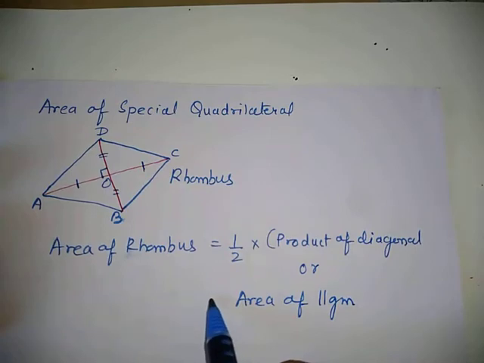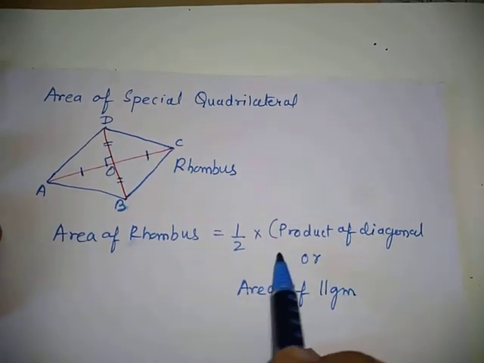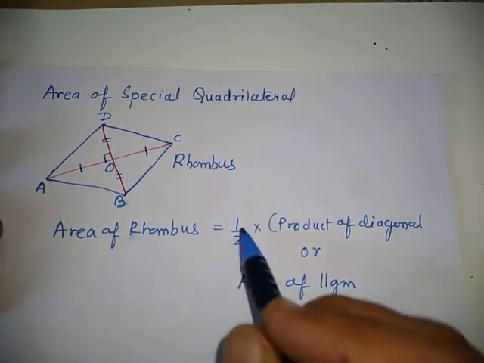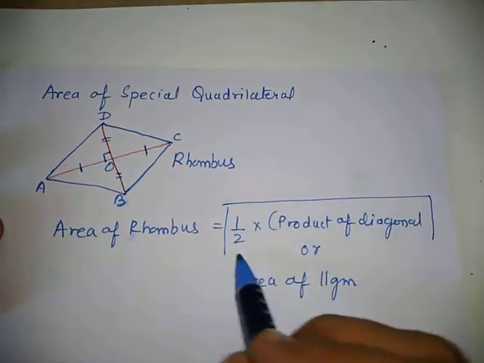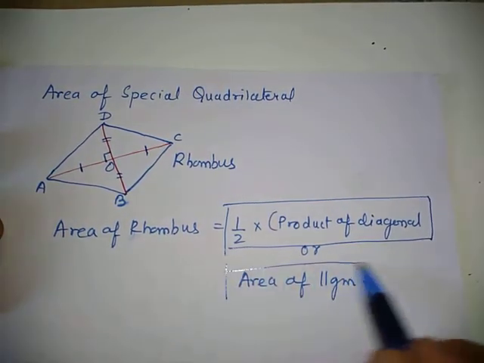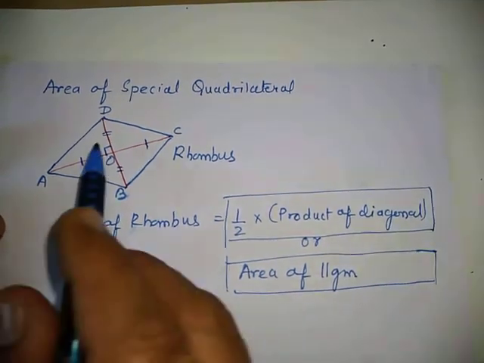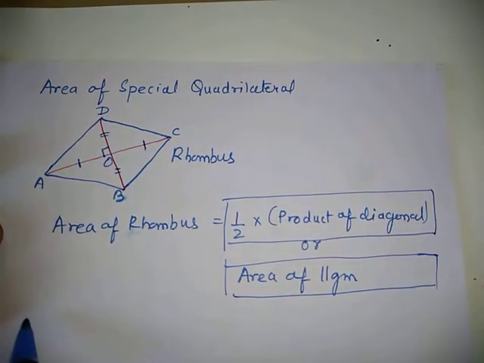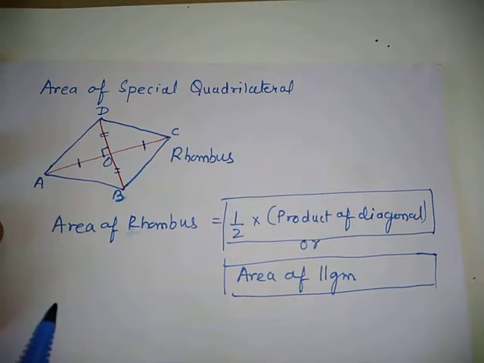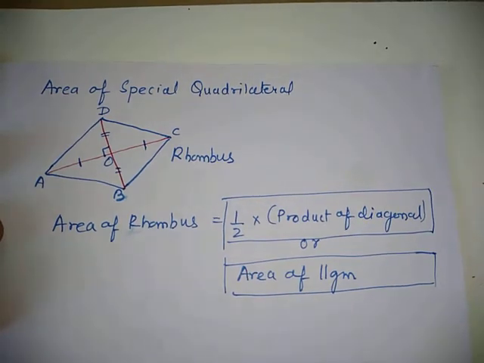First we will learn this area of parallelogram, then using that also we can solve it. So first we are applying this one, half multiplied by the product of diagonals.